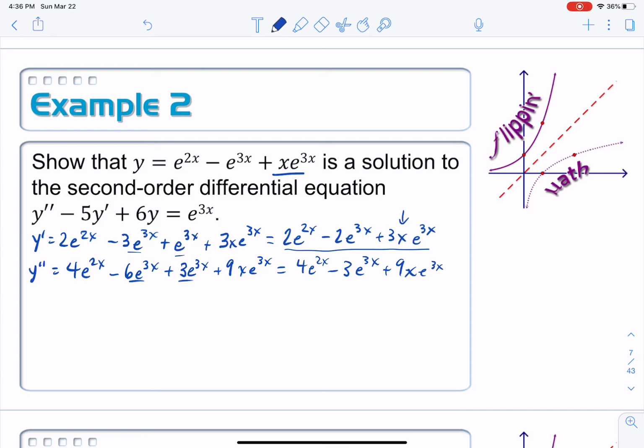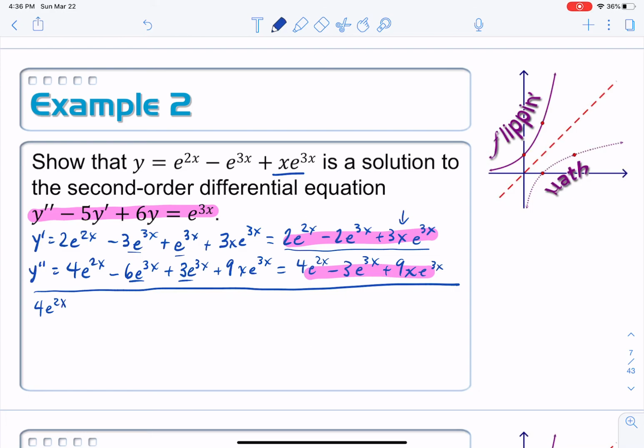All right, so I'm going to take both of these things, this and that, and put it into this second order differential equation. And hopefully it's going to simplify down to e^(3x). Hopefully. Okay, y'', just write it down: 4e^(2x) − 3e^(3x) + 9x e^(3x). All right, so that first part is good.